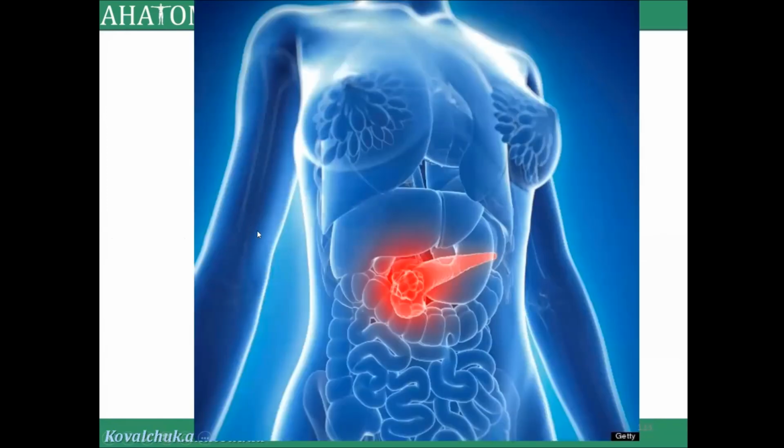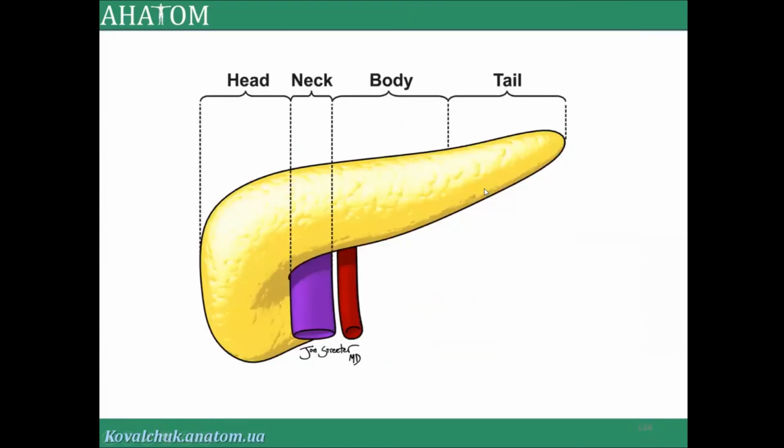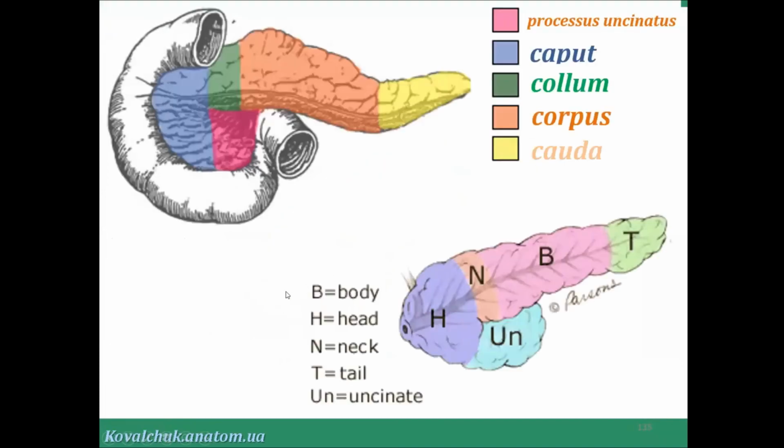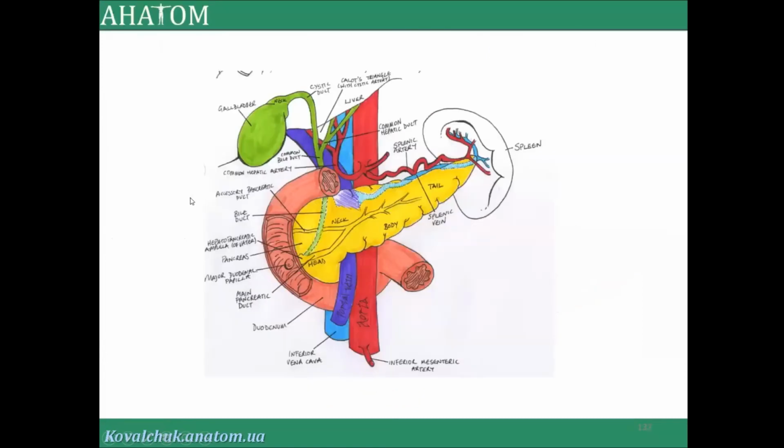And the pancreas has 4 parts: head, neck, body, and tail. Maybe there is a process, the uncinate process too, and the head of the pancreas connects with all parts of the duodenum.